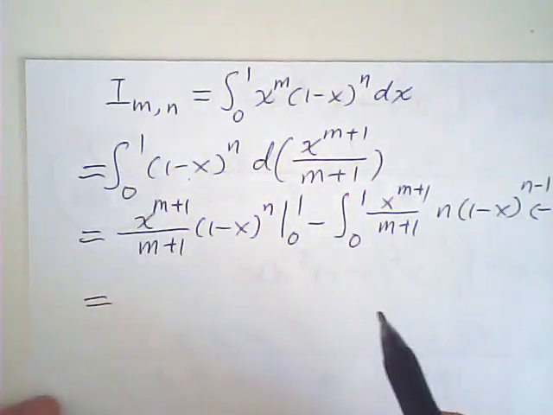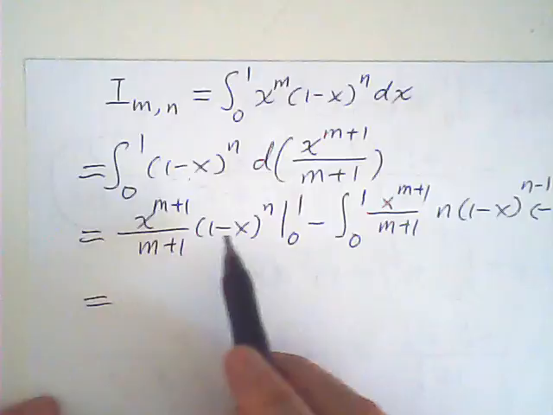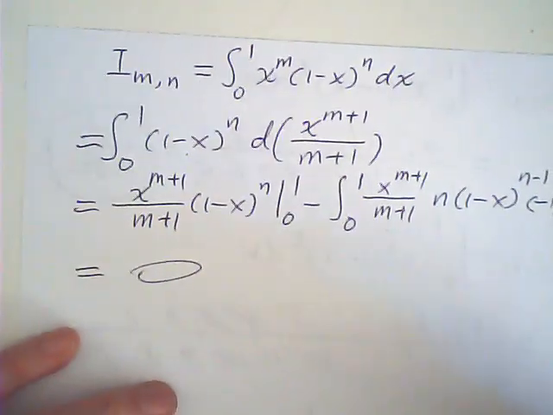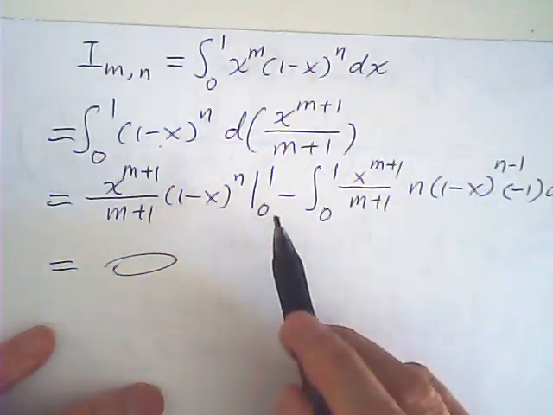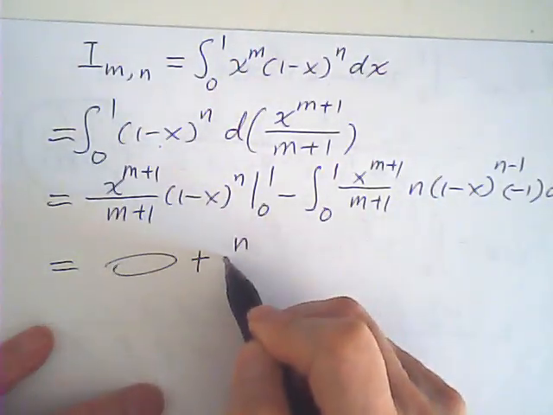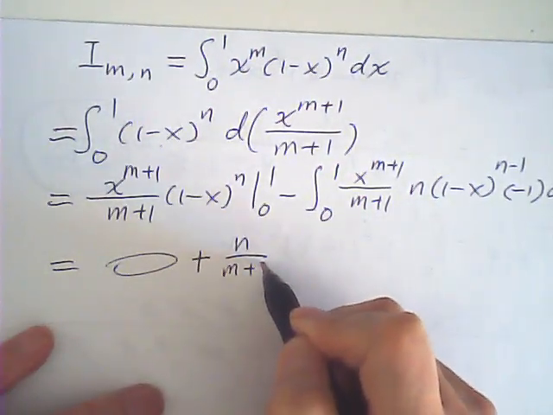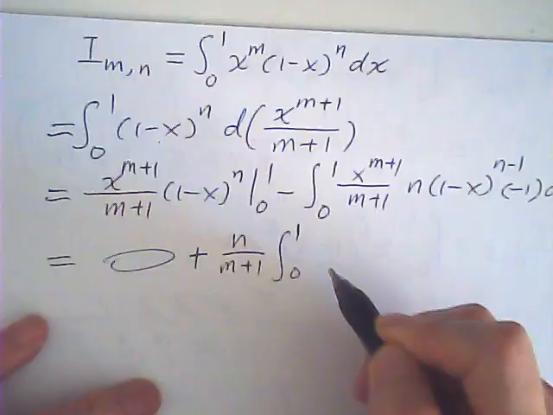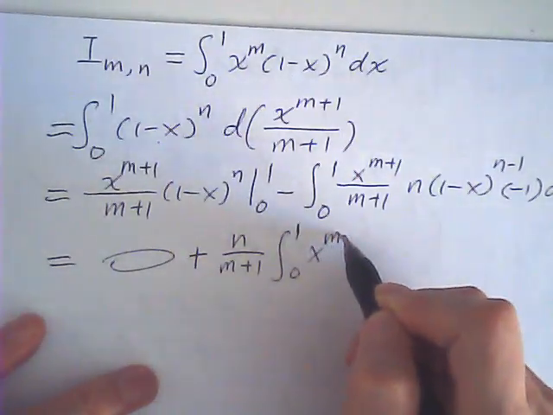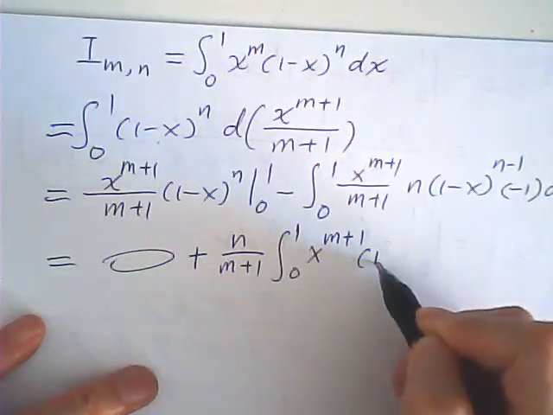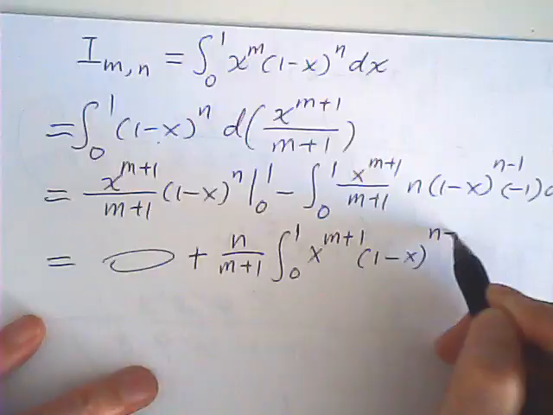And this one, at x equal to 1 is 0, and when x is 0 it is also 0. So the boundary term is 0, and the negative becomes positive. We get n over (m+1) times the integral of x^(m+1) times (1 - x)^(n-1).